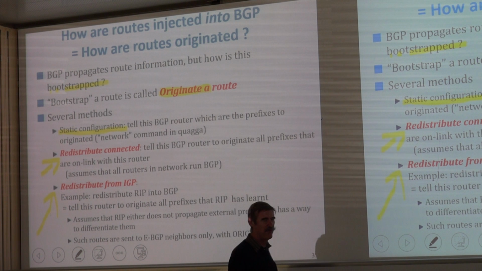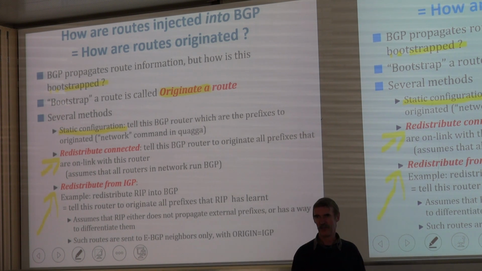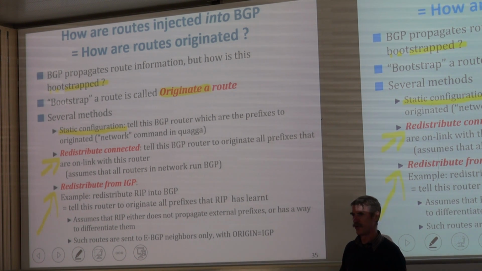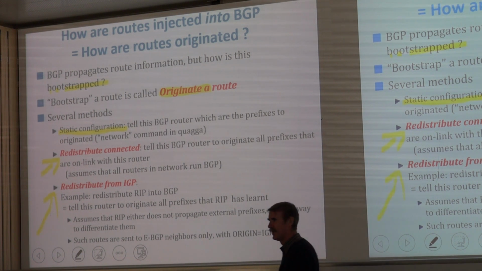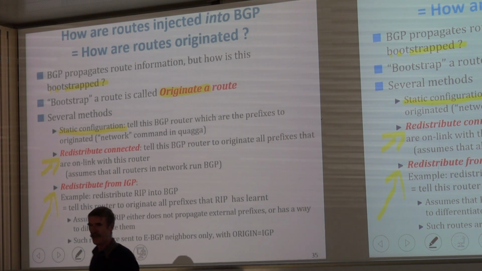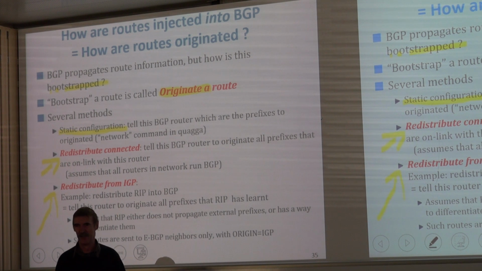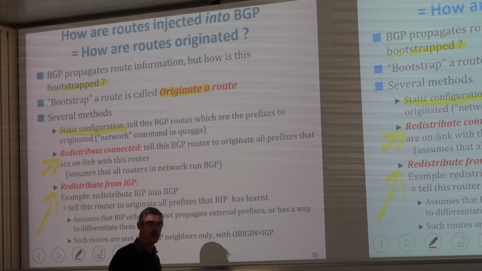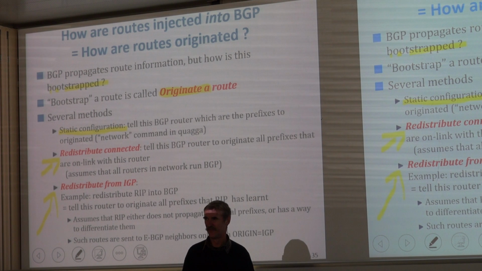This works only if we are in a special case. In general, this won't work. In general, we need to redistribute RIP into BGP. But there are cases where this would work. Can you imagine one? Or can you imagine the problems that would be caused if we use this in a general case?